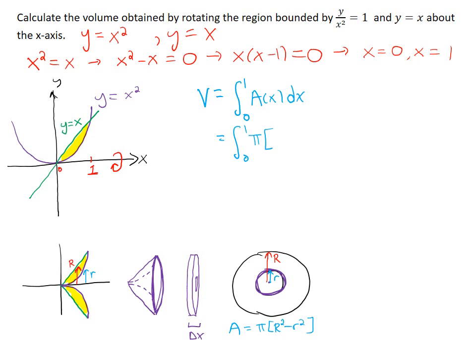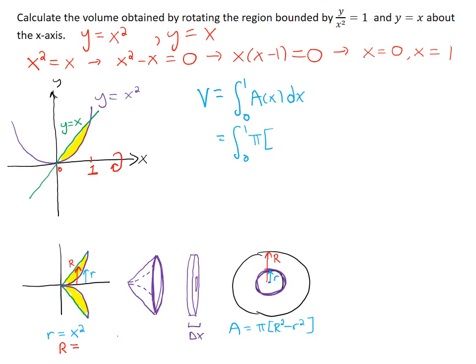So let's go back to our diagram. Little r is the distance from the axis of rotation to the purple curve. The purple curve comes from y equals x squared. So the y value, the height, we get from x squared. And then for capital R, it's the green curve. We have the line y equals x.